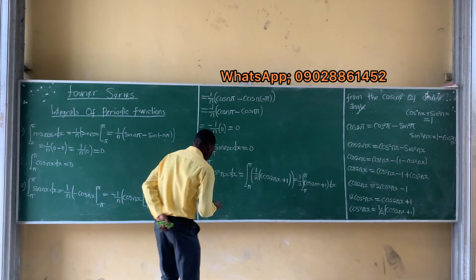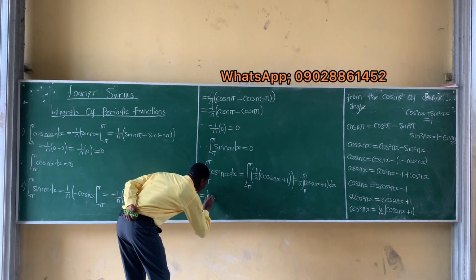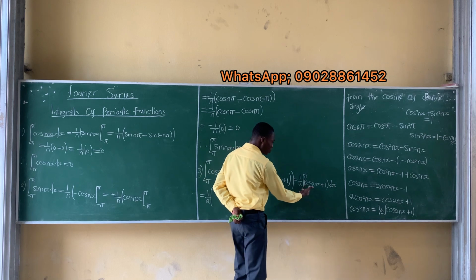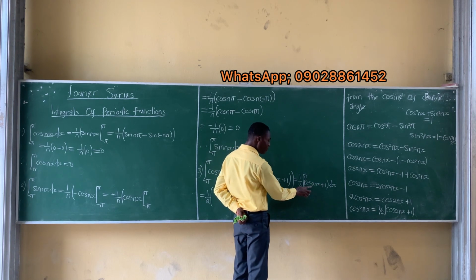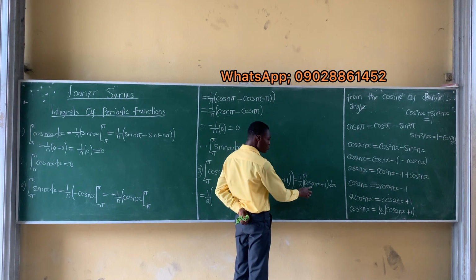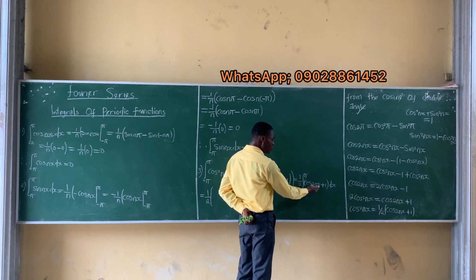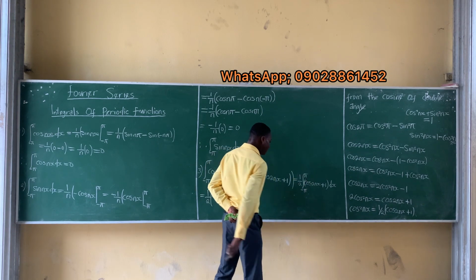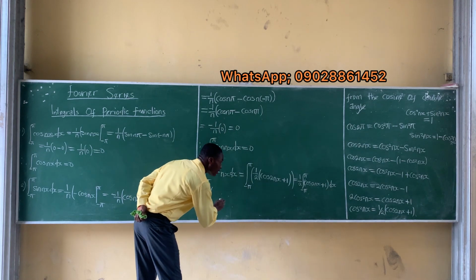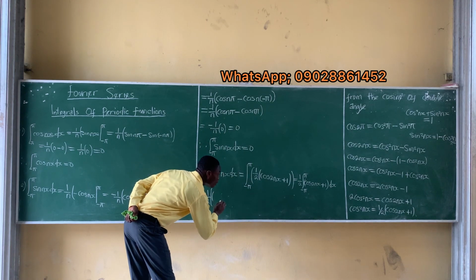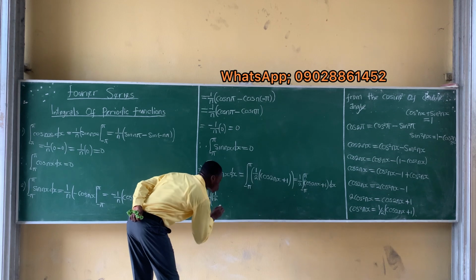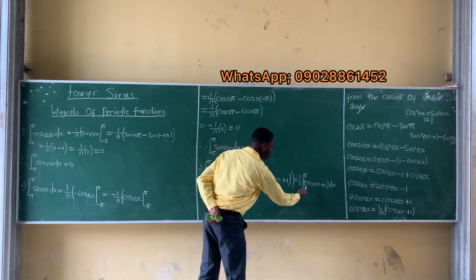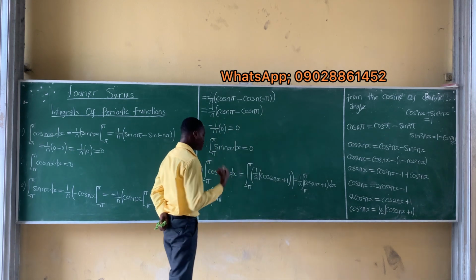So let's integrate this function. We are going to have 1 over 2 into, if you integrate cos 2nx, don't forget, first of all, differentiate the angle 2nx. If you differentiate 2nx with respect to x, you have 2n, and then you divide by that derivative. So this implies that we are going to have 1 over 2, 1 over 2n into, if you integrate cos, you have sine.